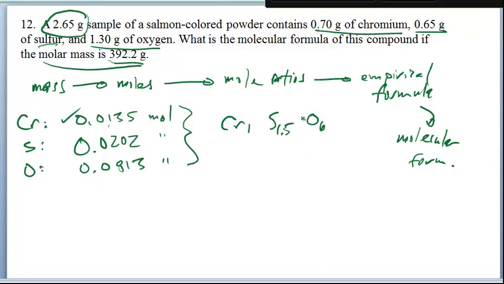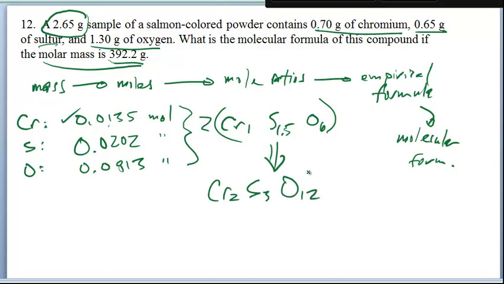Okay? All right, everything's a whole number except for the sulfur subscript, which is 1.5, and we know what to do with subscripts that have a 0.5 decimal. We multiply them by 2, and that will give us Cr2S3, oxygen 12. All right, excellent.